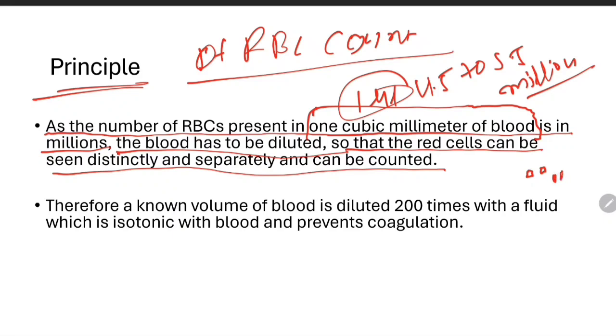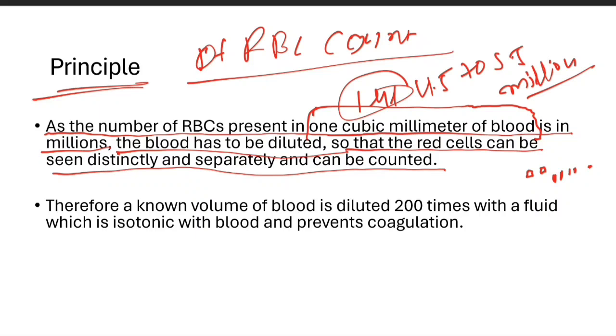This length, breadth and height, not even this much, will contain around 4.5 to 5.5 million RBC. If we do not dilute it and just put a blood drop under the microscope, it's almost impossible to count 4.5 million RBC in that particular space.